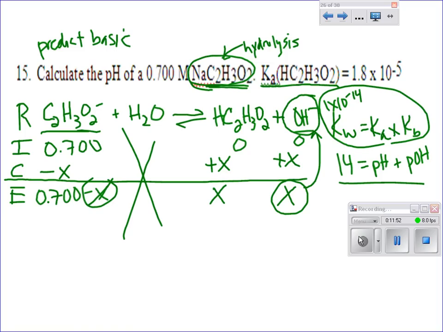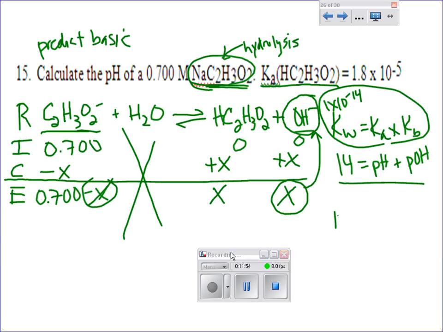So let's go ahead and do that conversion. We get 1 times 10 to the negative 14th divided by the Ka they give us of 1.8 times 10 to the negative 5th. And what do we get? 5.6 times 10 to the negative 10th.